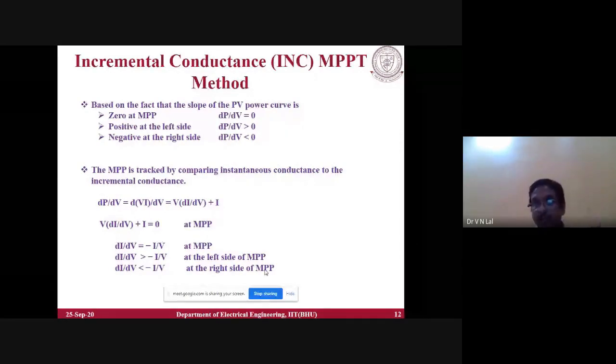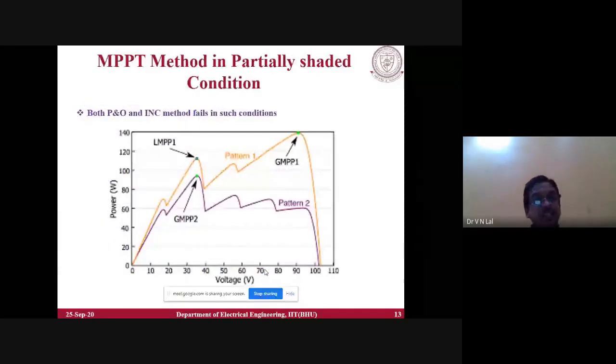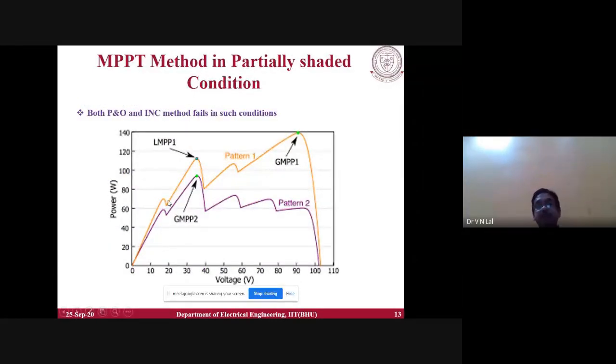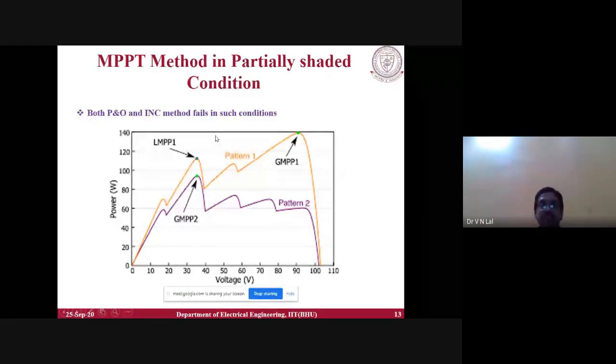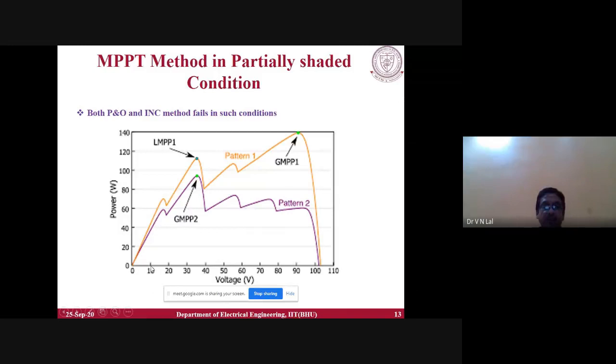Now what will happen if the partial shaded condition is there? In partial shaded condition, there are multiple peaks, say pattern 1 and pattern 2. In these two cases, both P&O and INC methods will fail, and they will stick to some local MPP. Suppose we start from this point.